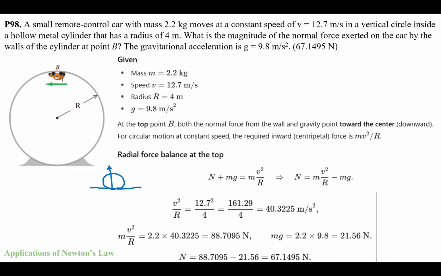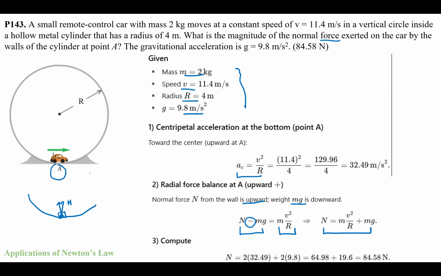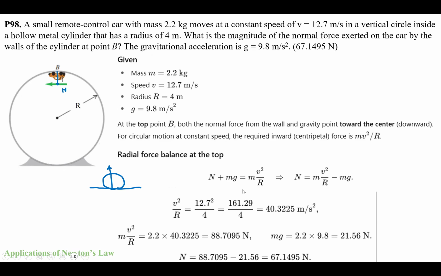In this case, surface to body is upward, okay? This is the very big difference. In the other case, the normal force is downward, so that we have the same sign as the gravitational force. And then this should be matched with the centripetal force. And from this, we can find out the normal force as well, okay?